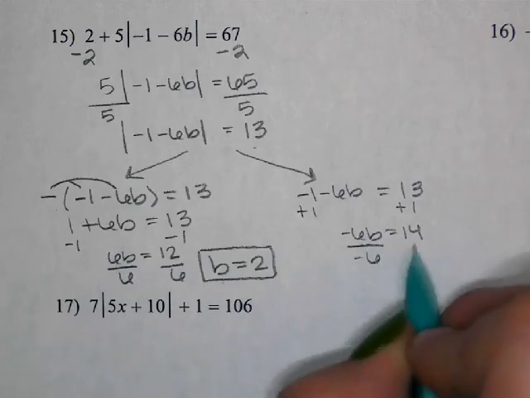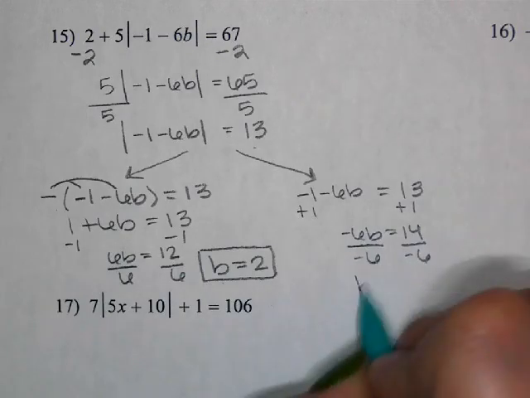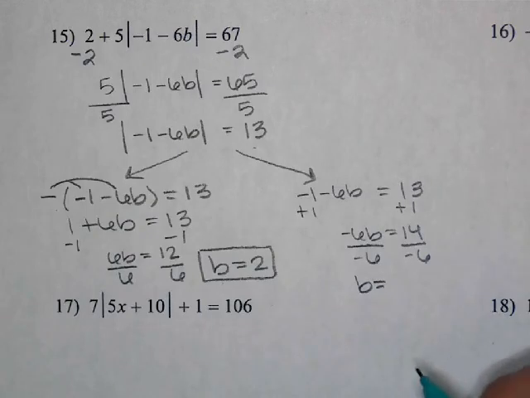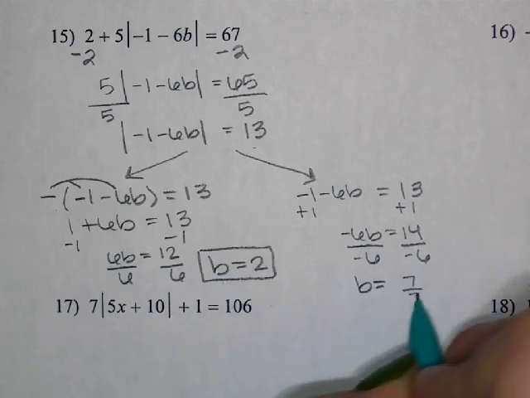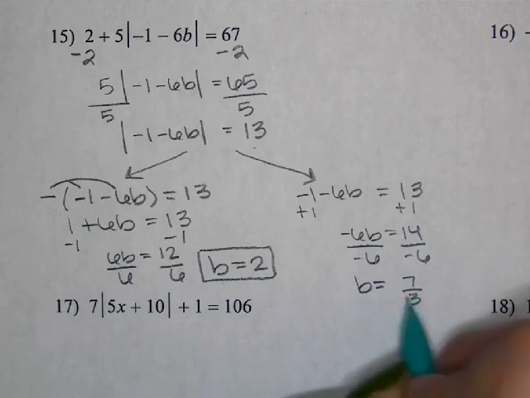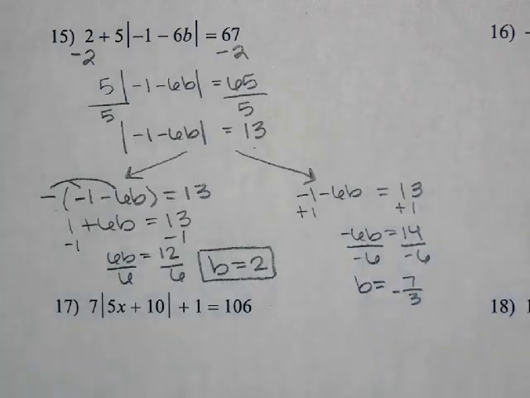This one's going to be a fraction. What's the fraction? Seven over 3, and you can put the negative anywhere you want. Most people would put it in the middle or on the top. But anywhere in the fraction is fine. All right.